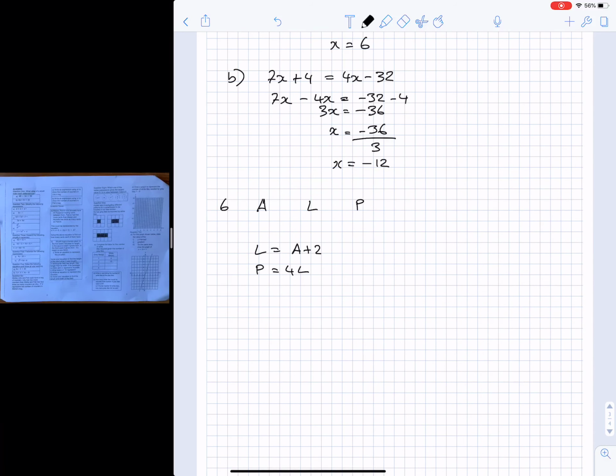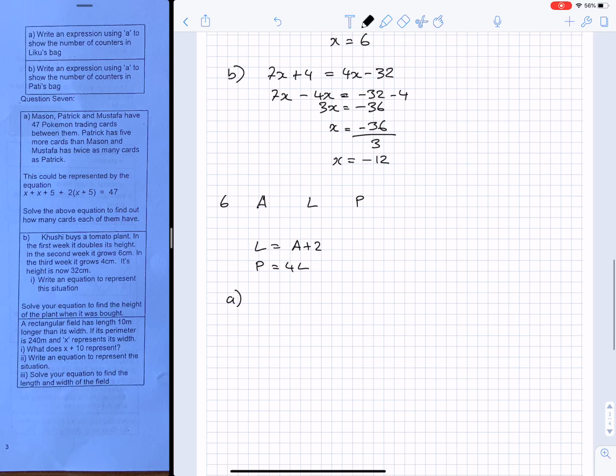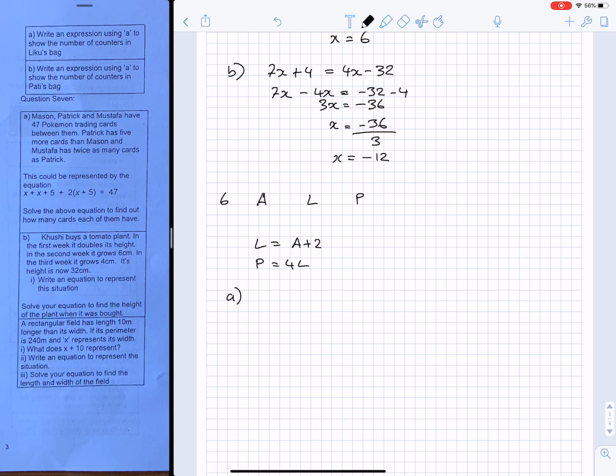So 6a asks, write an expression using A to show the number of counters in Liku's bag. So Liku's bag would be, number of counters L equals A plus 2.